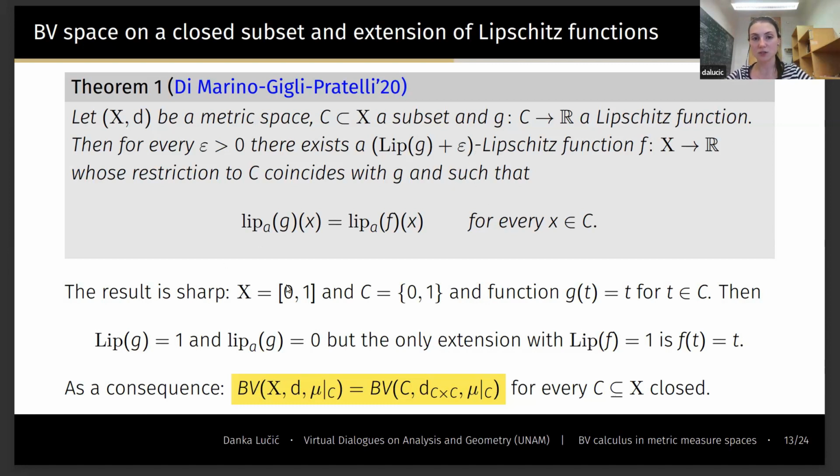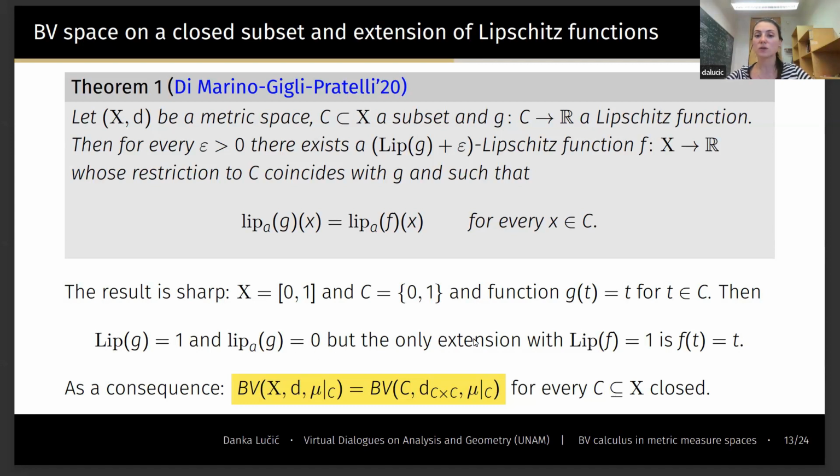And actually, this is sharp, so we cannot preserve both of them. This can be seen by an easy example. Take your space to be the unit interval, your set to be just the two points 0 and 1, and the function g defined as g(t) = t. Then the global Lipschitz constant of g is 1, and the asymptotic Lipschitz constant of g is 0.